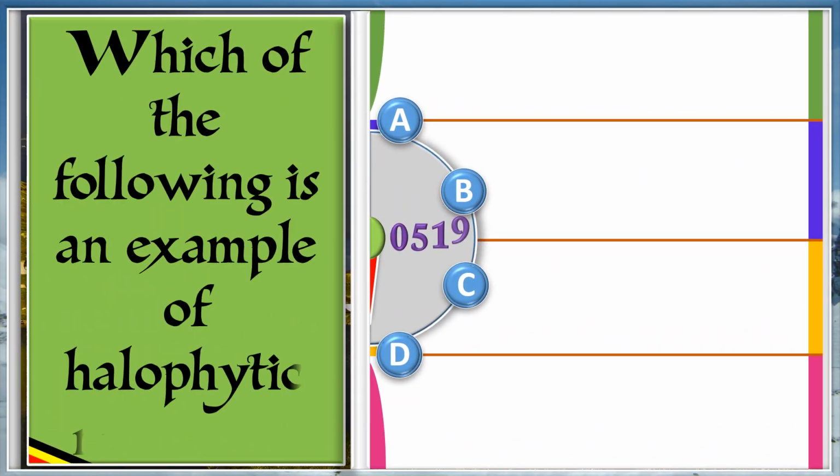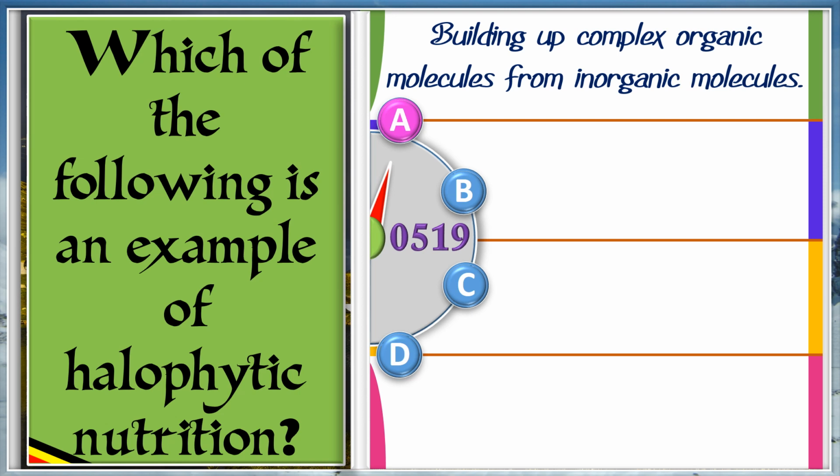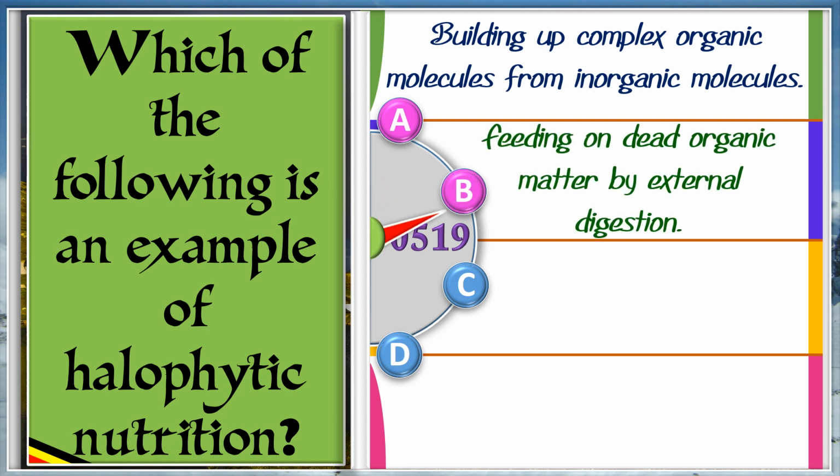Which of the following is an example of holophytic nutrition? A. Building up complex organic molecules from inorganic molecules. B. Feeding on dead organic matter by external digestion.